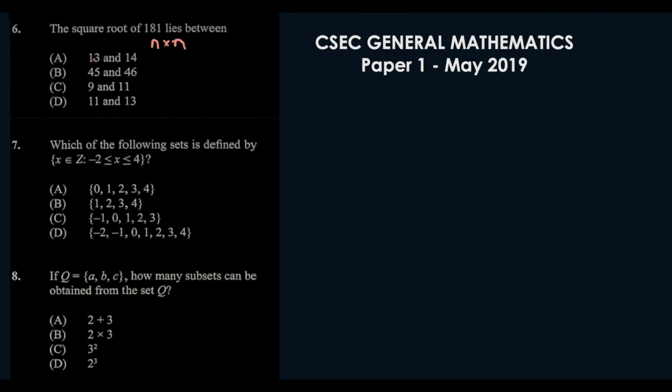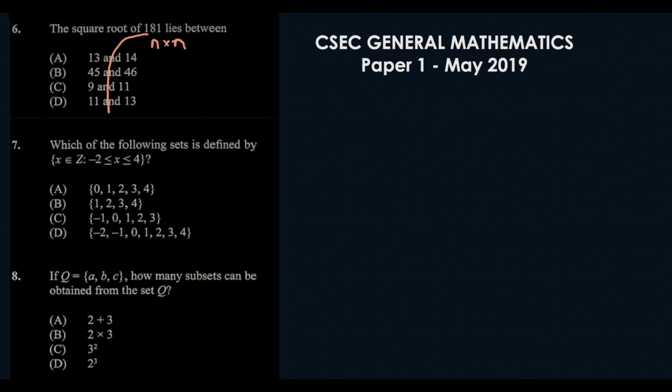So 181 must lie between one of these groups here. If I do 13 times 13 or 14 times 14, 181 must be between those.